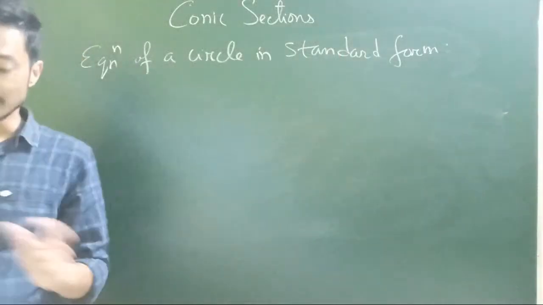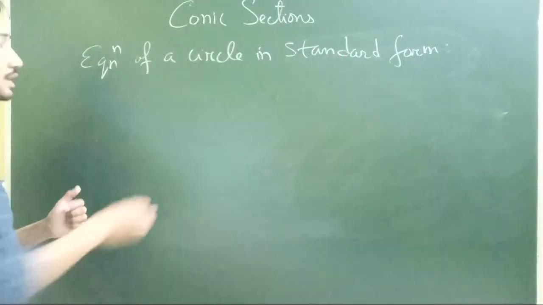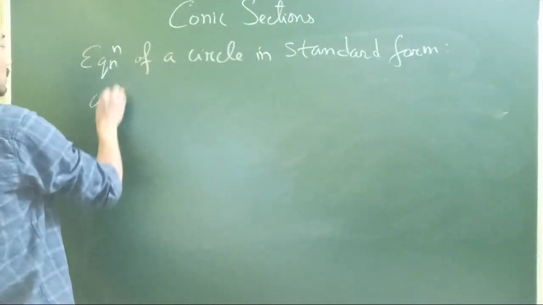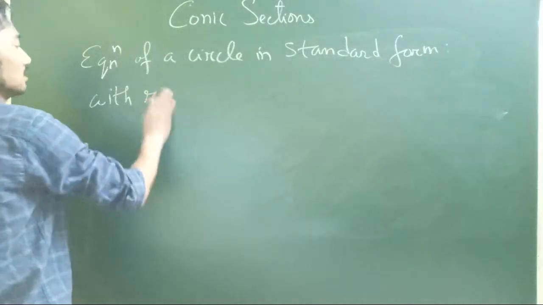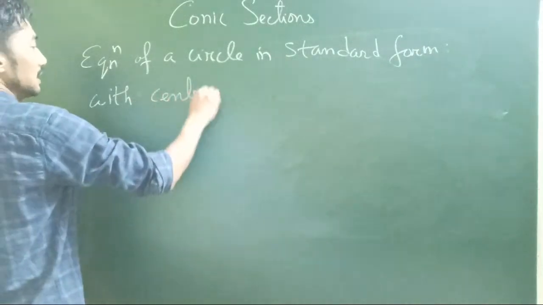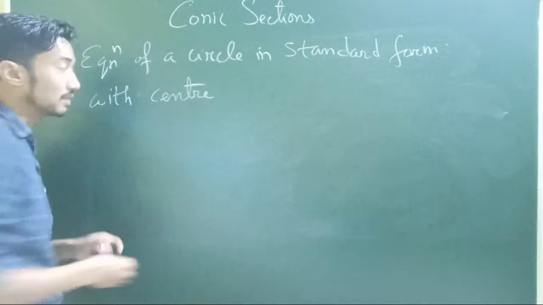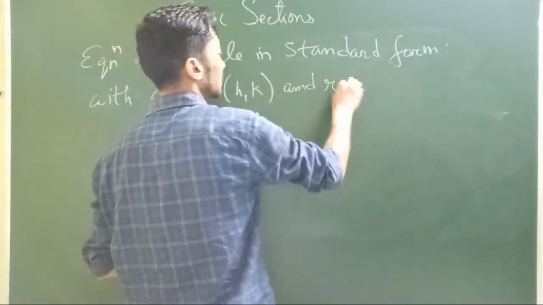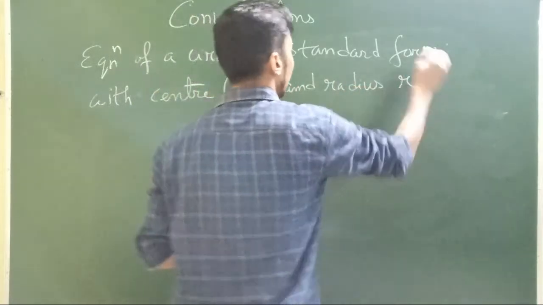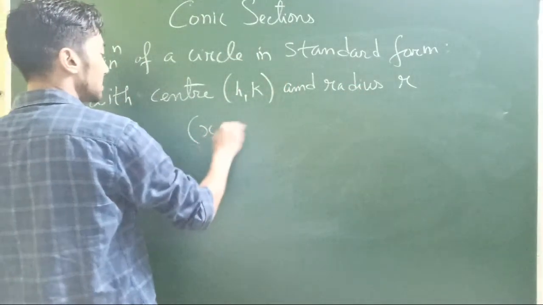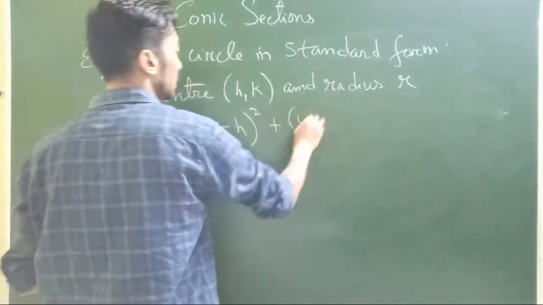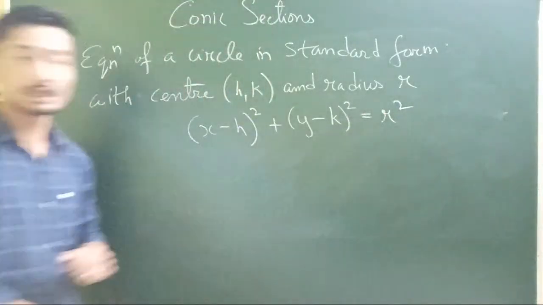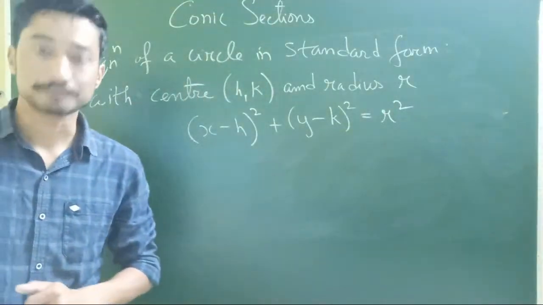The equation of a circle in standard form, I'll stick to the NCERT textbook, with center (h, k) and radius r is given by (x − h)² + (y − k)² = r². This is the standard equation of a circle.